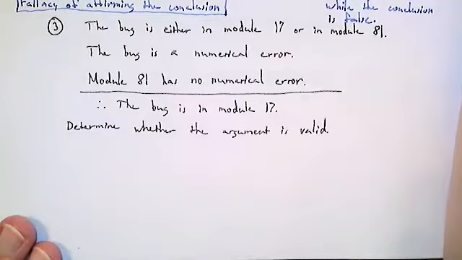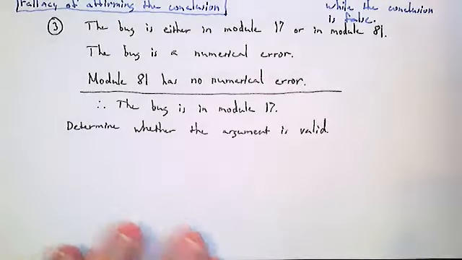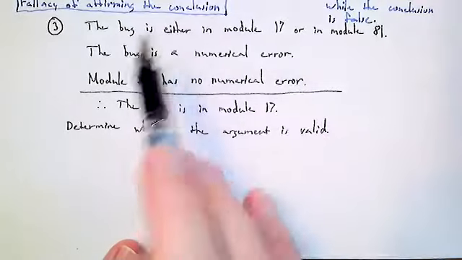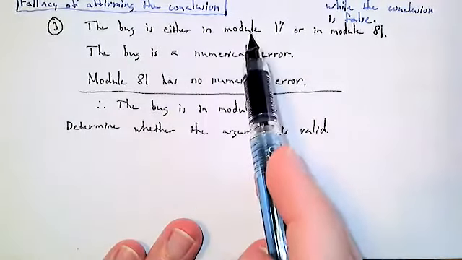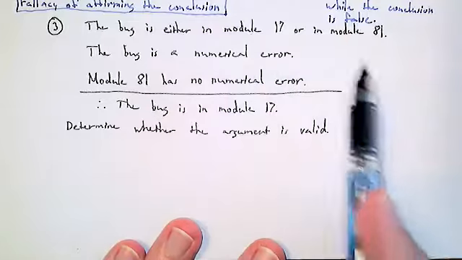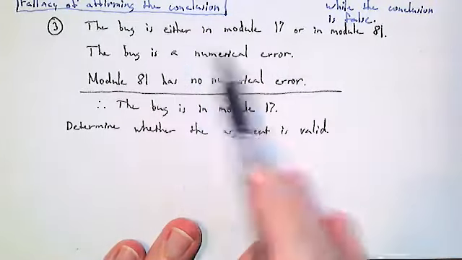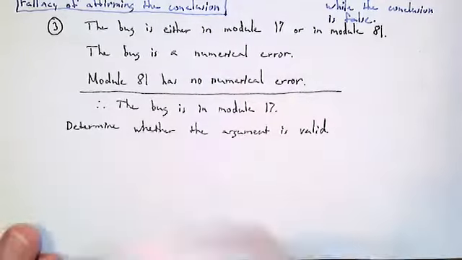So let's break it down. The first sentence has 2 pieces. The bug is in module 17, that's one piece. And the other piece of the or is the bug is in module 81.